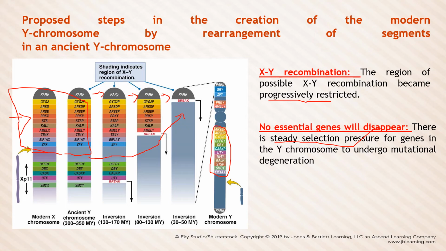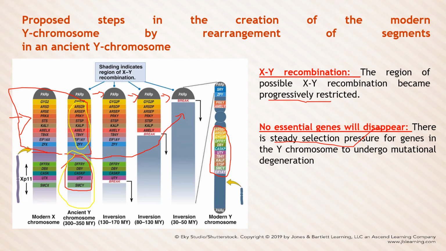And finally, what this shows, if you remember comparing to the ancient Y chromosome, is that this region was lost. Let me put it in yellow. So this region was lost. Then this region was removed or moved to another place.